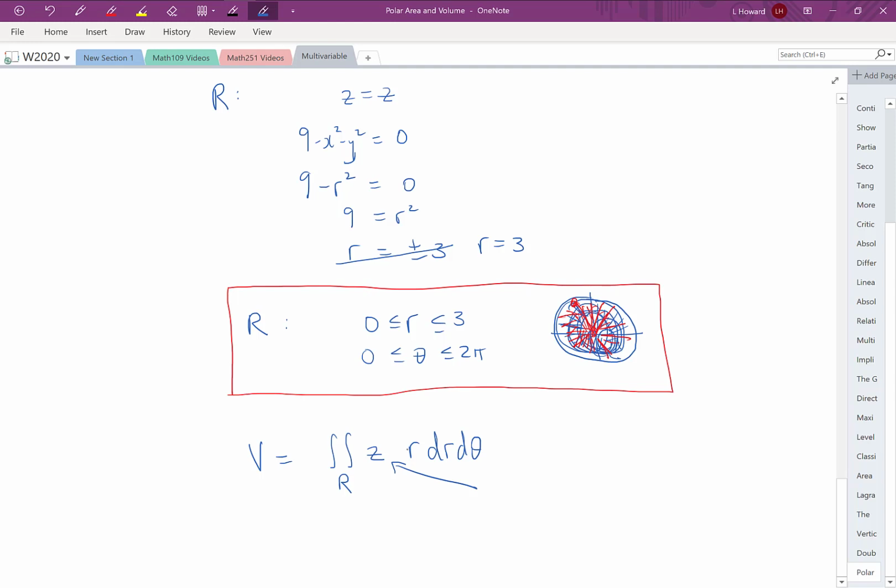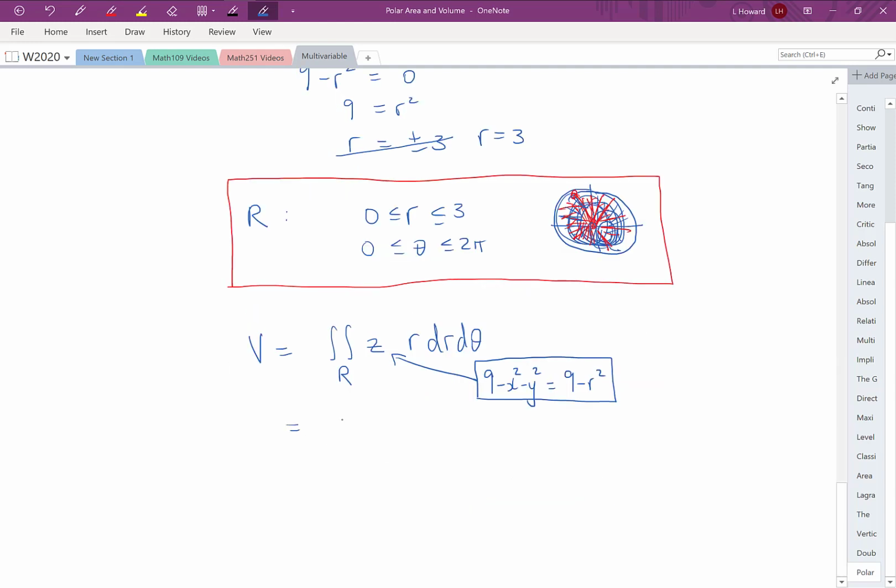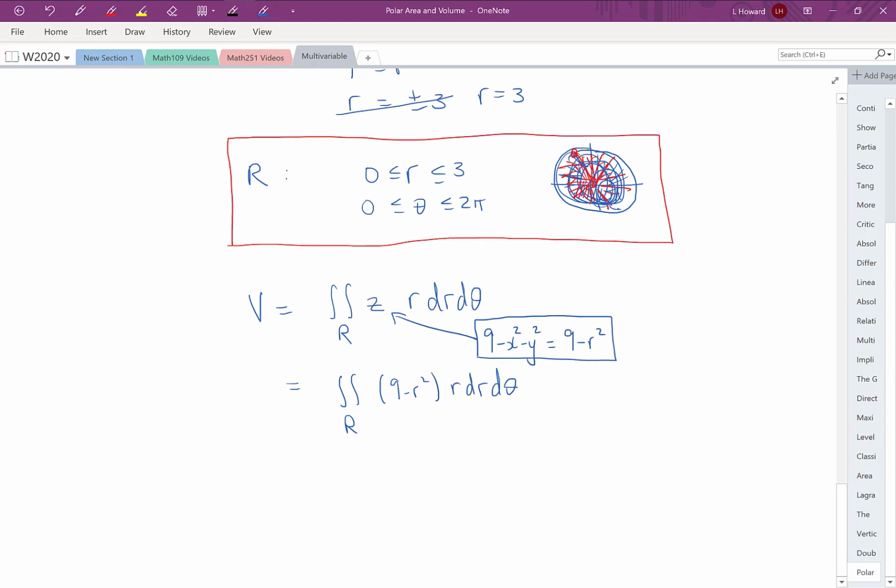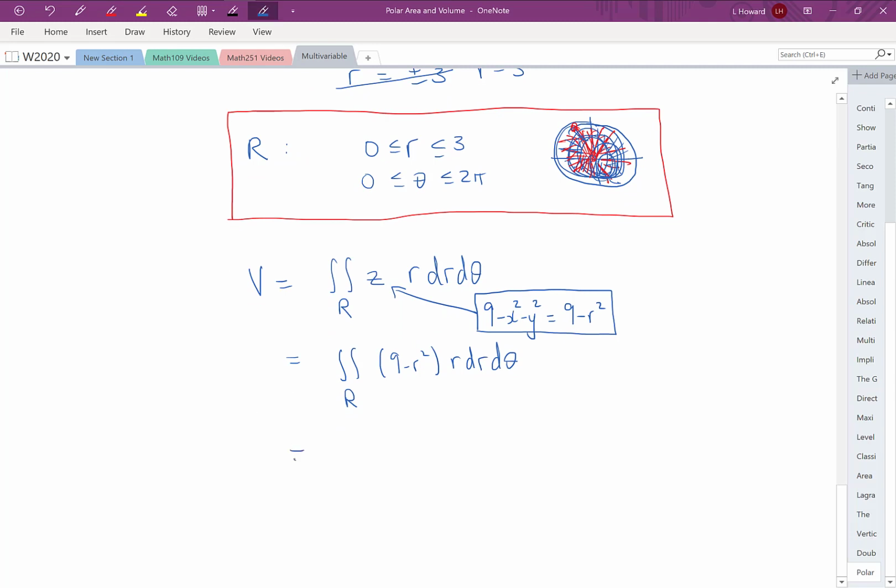In this problem, it was the paraboloid. z was 9 minus x squared minus y squared. And since we're doing this in polar coordinates, we can rephrase that as 9 minus r squared. So that means we're doing the double integral over our region R of 9 minus r squared times r dr d theta. And in our next step, we'll put our limits of integration on there.